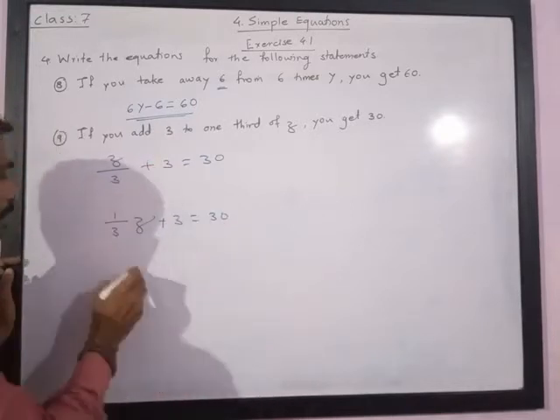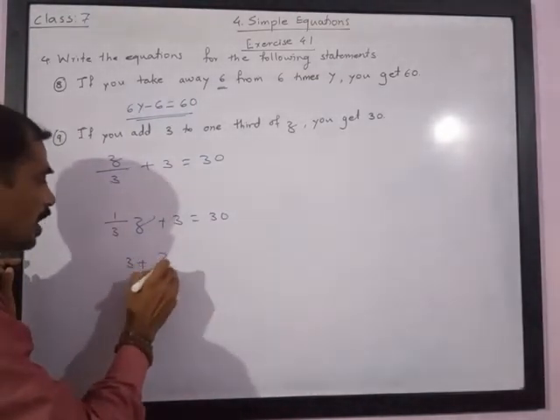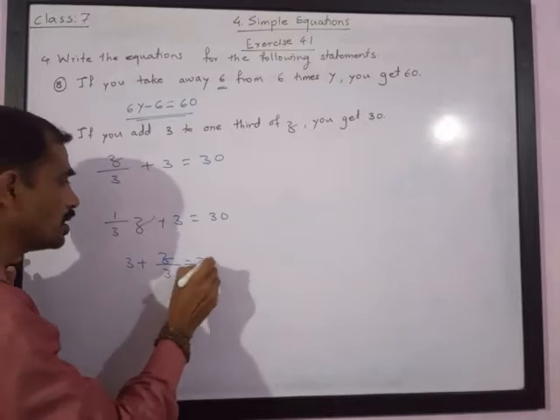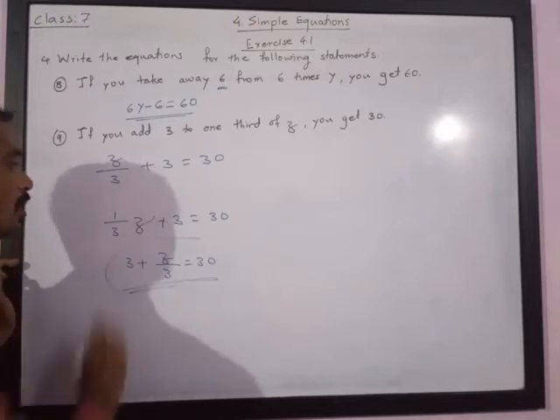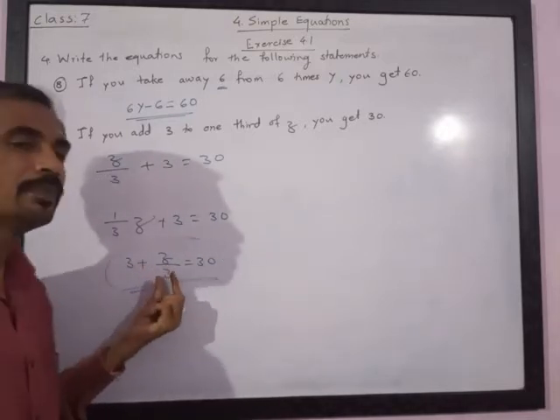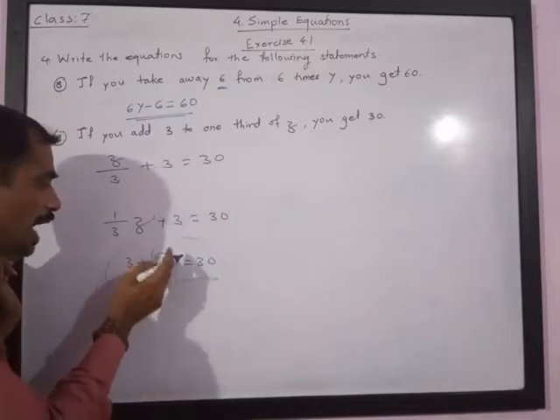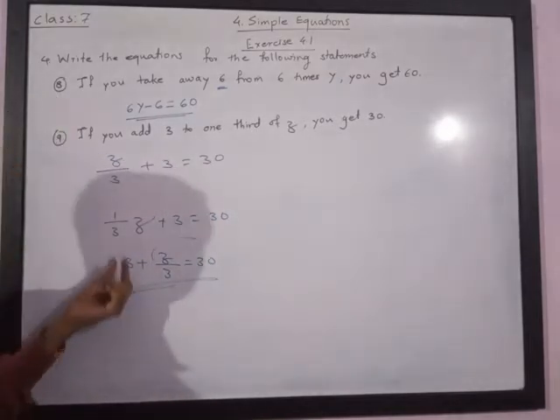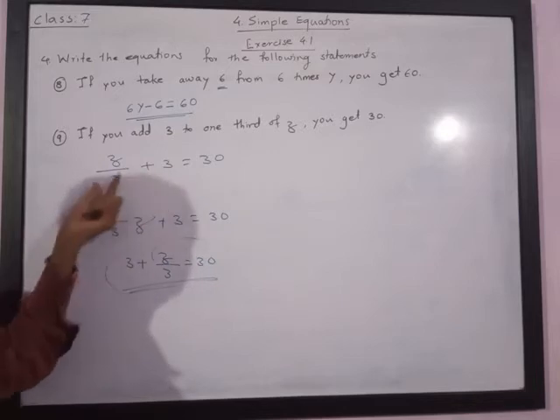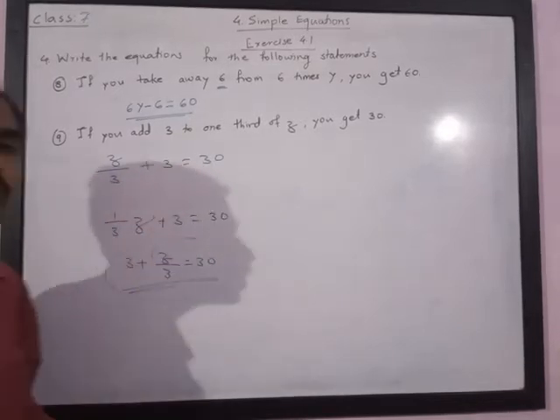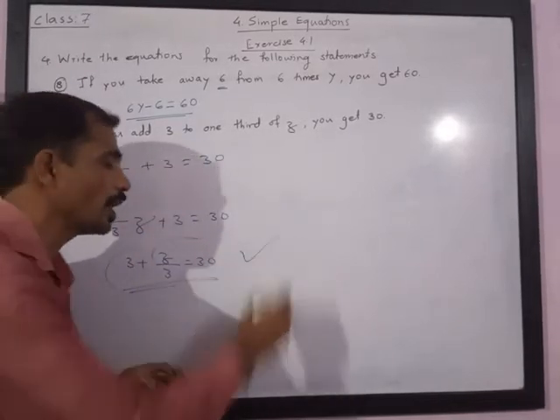Please note, some students may write 3 plus z upon 3 is equal to 30. This is also correct. But all math teachers write the variable at the front, so they will write z upon 3 plus 3 is equal to 30. But this is also correct.